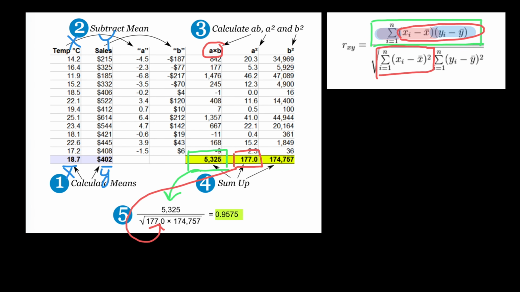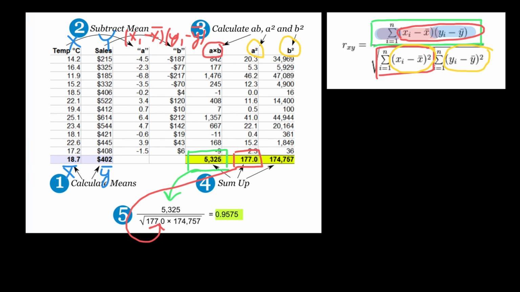One more time, a represents xi minus x bar, and b is yi minus y bar, and a times b is basically we just have to multiply these two parentheses, and a squared in our formula would be this part, and b squared in our formula is going to be this part.